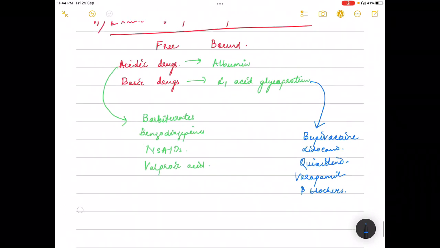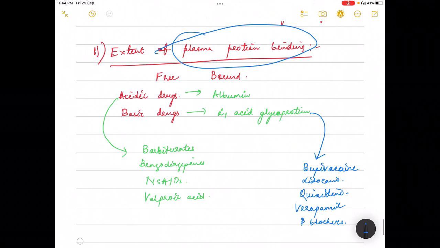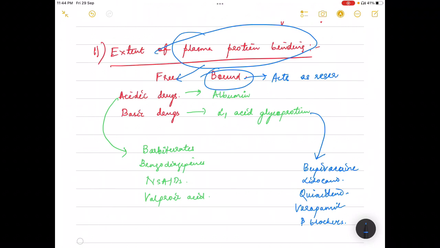So what is the clinical significance of this plasma protein binding? The clinical significance is that the free form shows the action, and the inactive form, that is the bound form, acts as a reservoir of the drug.